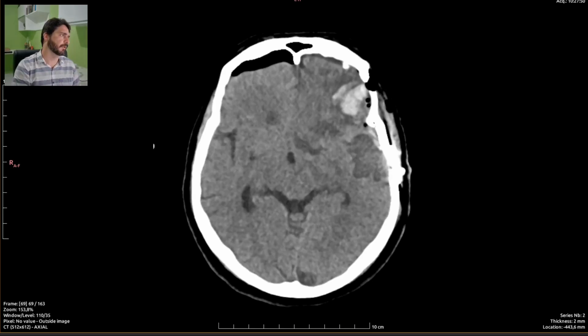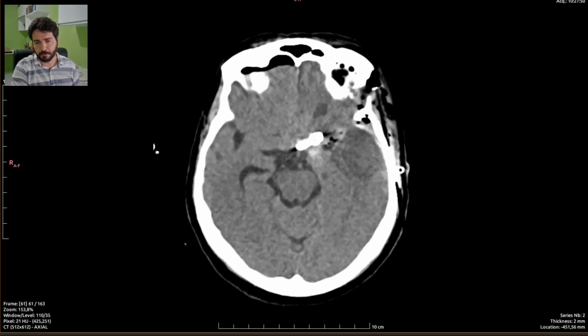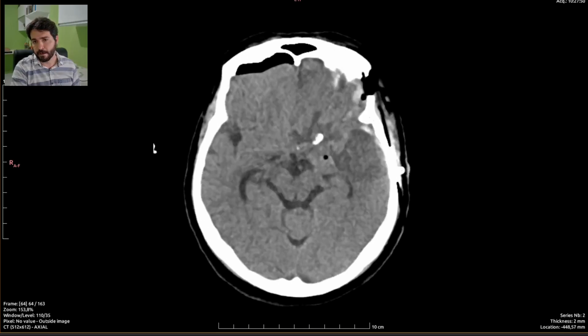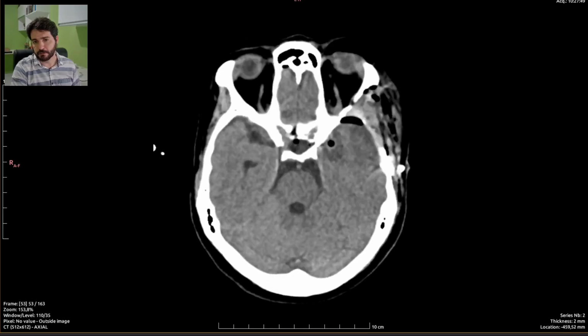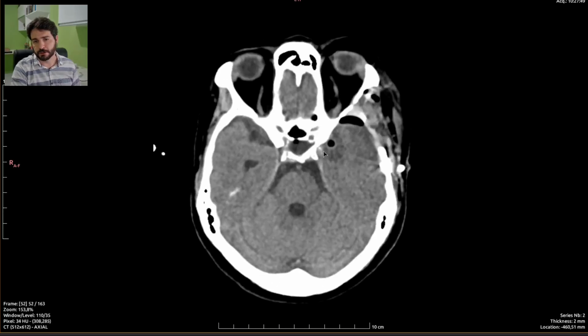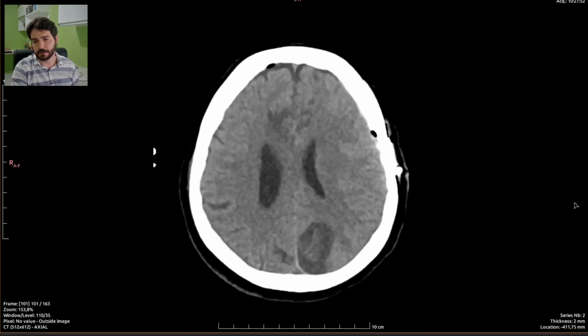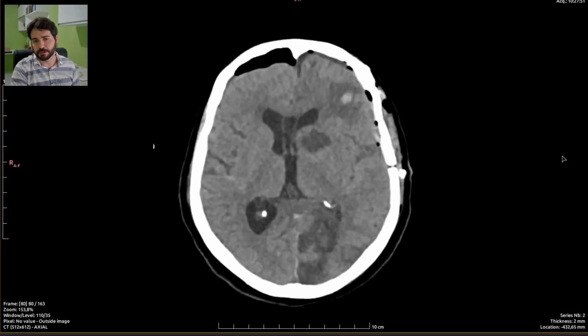Anterior communicating artery. Anterior communicating artery aneurysm, because it's right there, on the middle of the base of the skull, just above the Turkish sella. So this is quite a common aneurysm site.